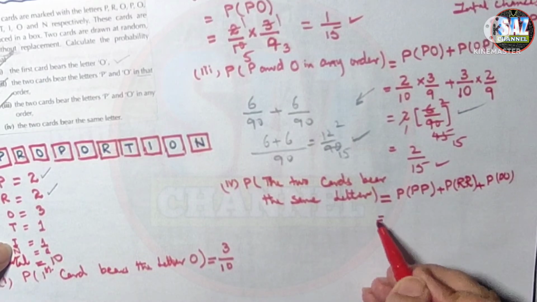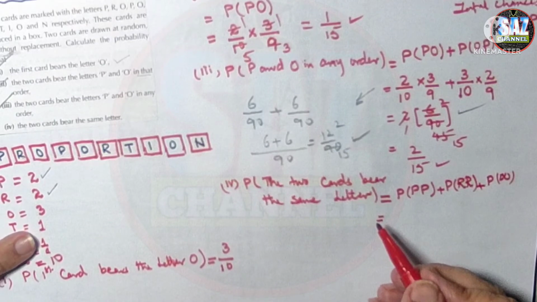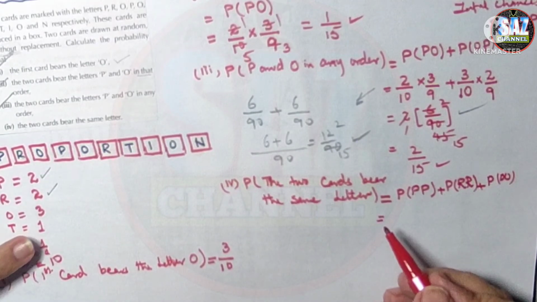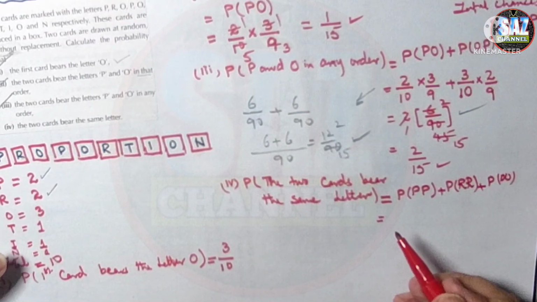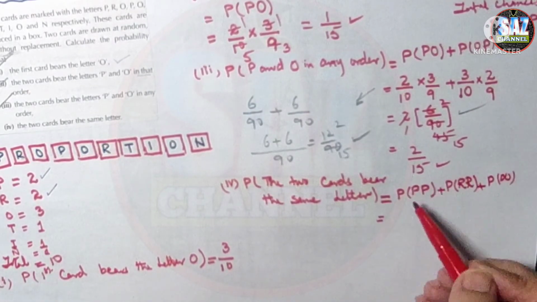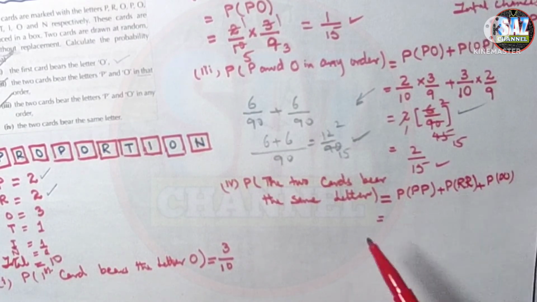Because their cards are single cards. When I pick up the first card, I can have a choice for it, but for the second card, there is no second card having the letter T or I or N. So the possible outcomes will be P with P, R with R and O with O.